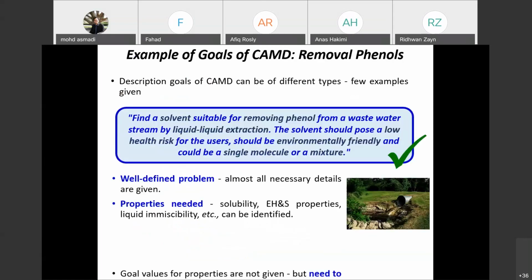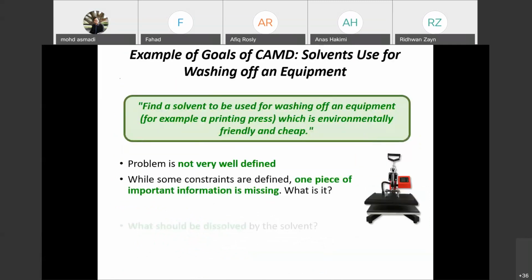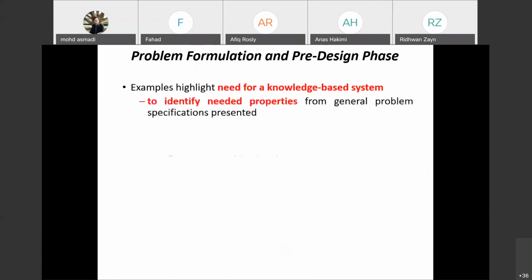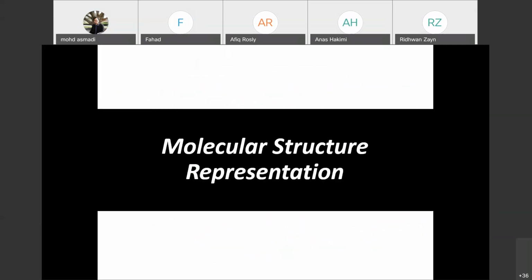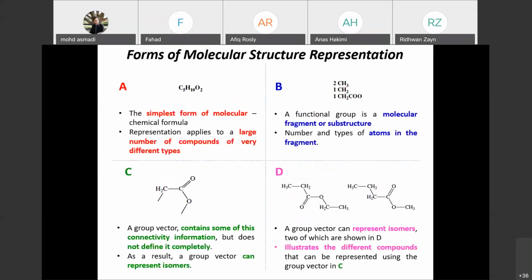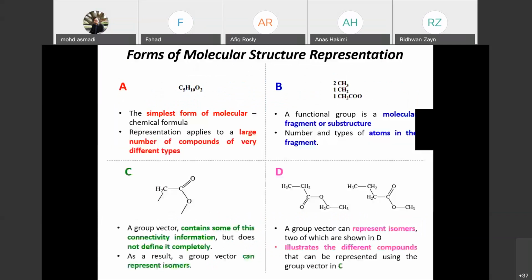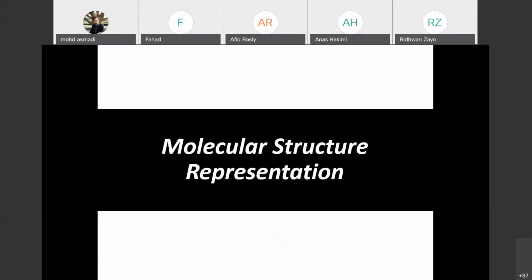I think everybody can understand all the problems and how to design the problem formulation. Okay, because it's important before we move to the next part. I think we're not going to cover molecular structure representation today.